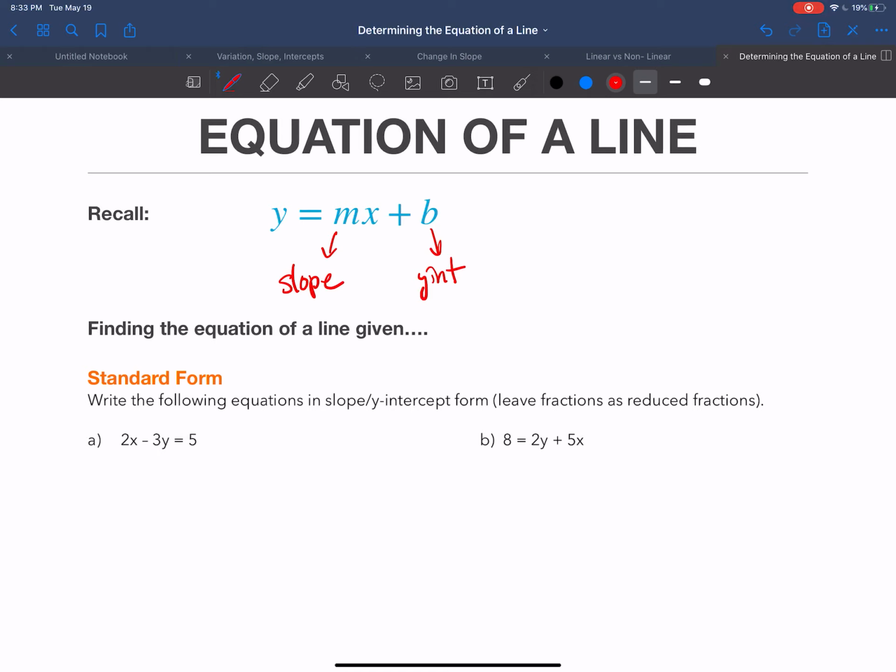So they're the coordinates of a point on the line. There are many values for x and y.